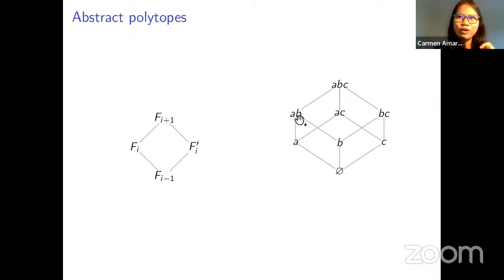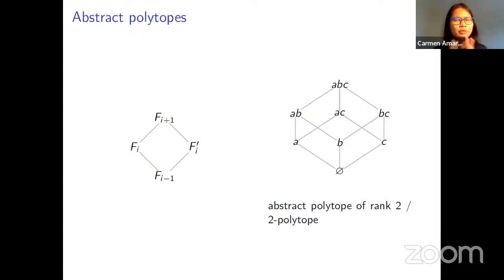And you can check that for any pair of incident faces whose ranks differ by 2. So the poset for the triangle satisfies all of the conditions that we need for an abstract polytope. Okay. Therefore our conclusion is that this diagram represents an abstract polytope of rank 2 or a 2-polytope.